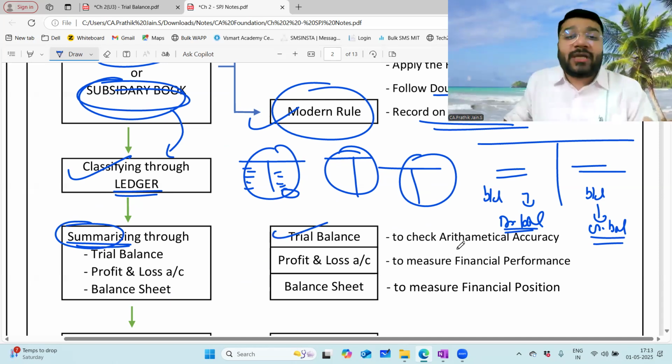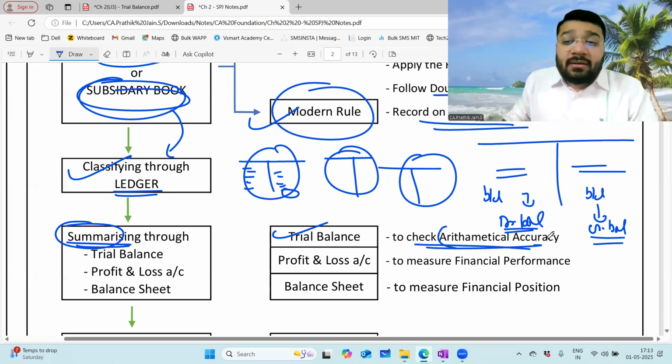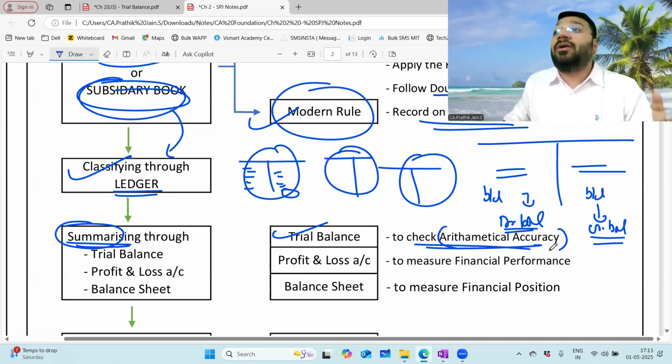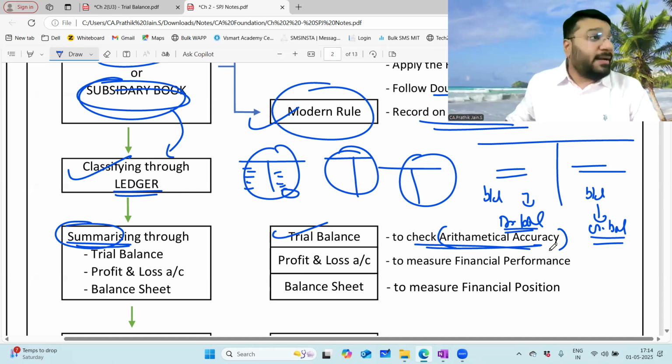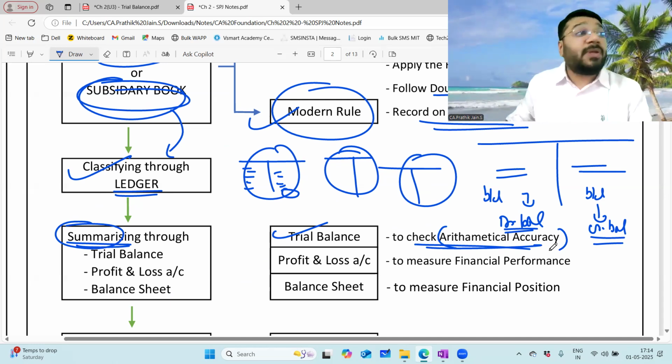Trial balance is prepared to check the arithmetical accuracy. To be more honest, trial balance helps us understand if the transaction is recorded on the double entry system or not. While recording the entries in journal or ledger, if the double entry is not maintained properly, then the trial balance will not tally. Second thing, in the journal you follow double entry. While posting in the ledger also you follow double entry.